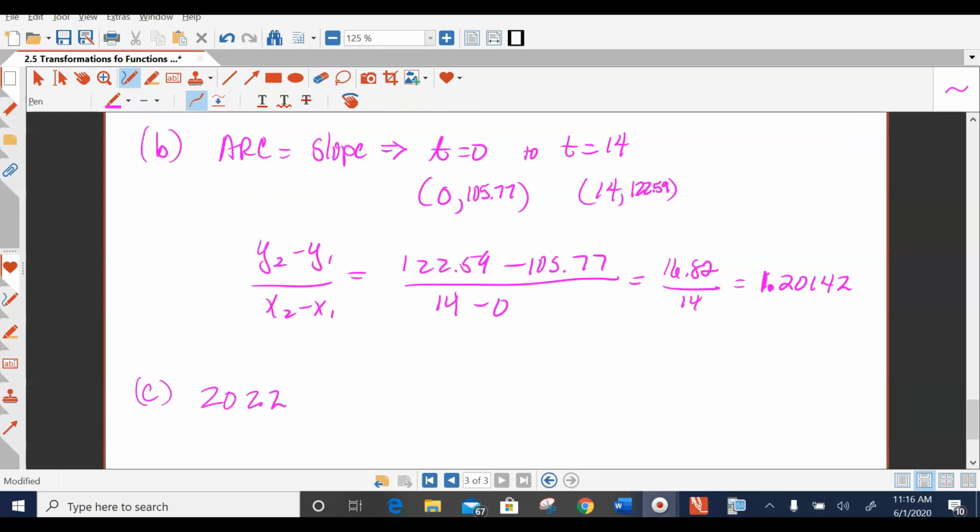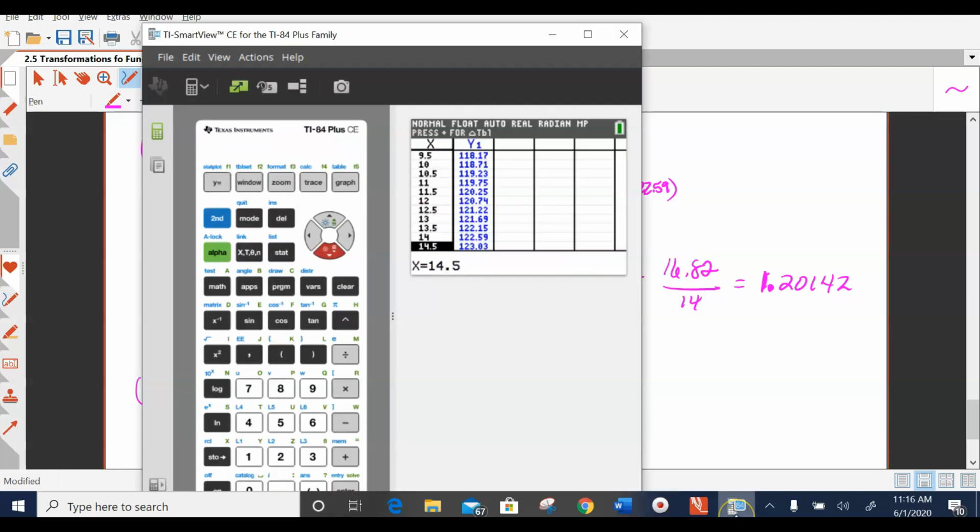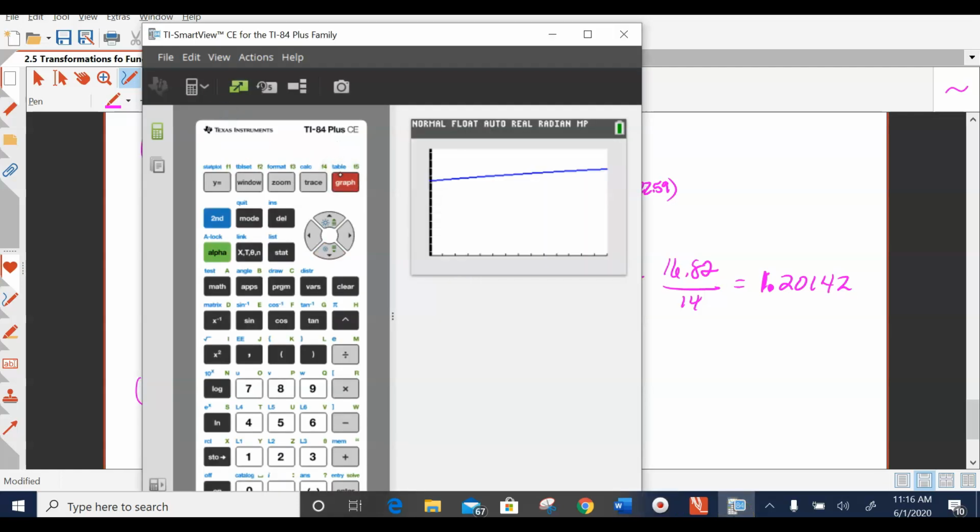So the average rate of change from t equal to 0 to t equal 14, 2000 to 2014, is 1.20142. I mean, it goes on, but basically that's what you get. All right, so if you take a look at the graph, notice this graph has a very slow increase. So that's why we got a positive slope.